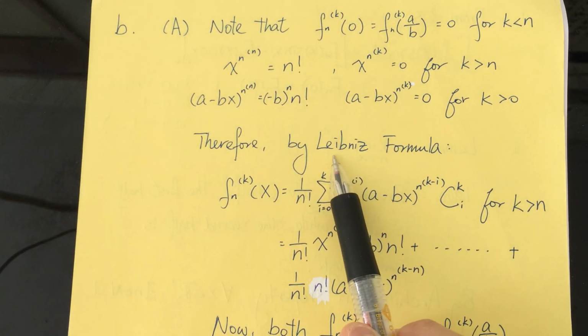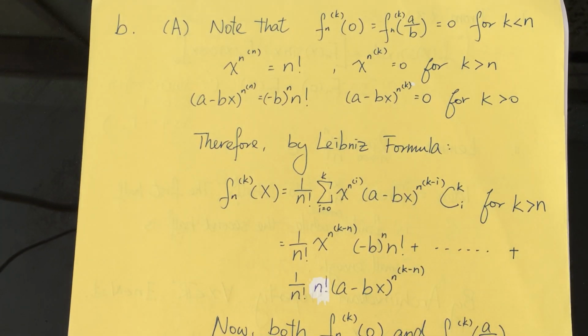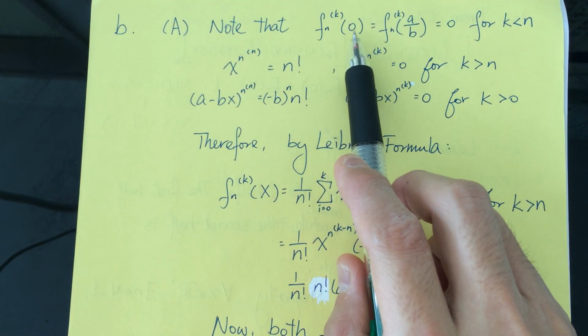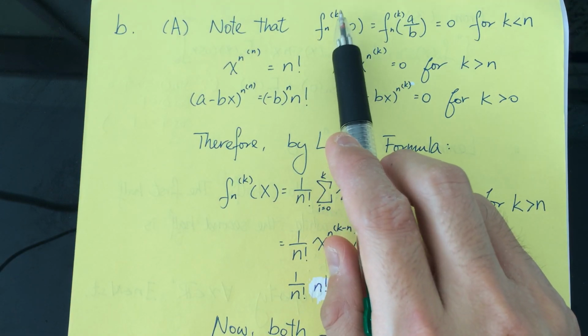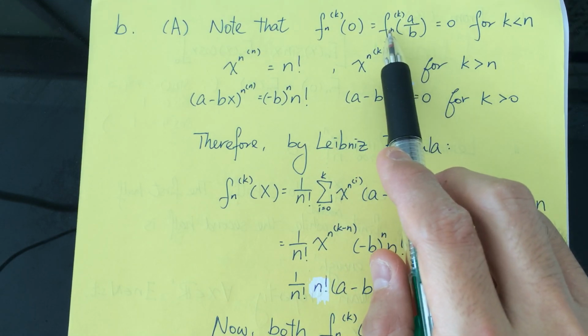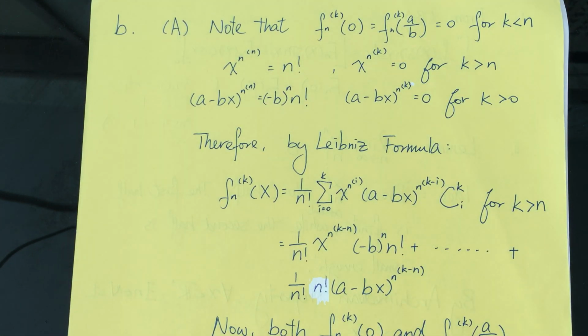Basically, we apply the Leibniz formula. We observe the function f_n is a degree 2n polynomial, and the kth derivative of f_n at 0 is the same as the kth derivative of f_n at a over b, which also equals 0.